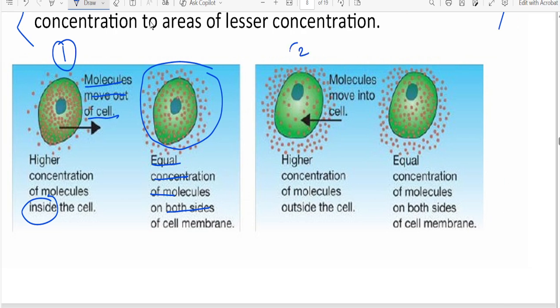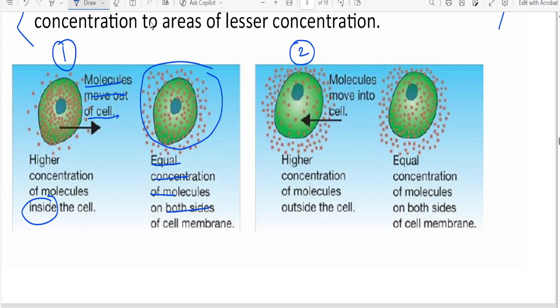In this example, where is the concentration high, inside or outside? Outside. So how should it move, in or out? It should move in.